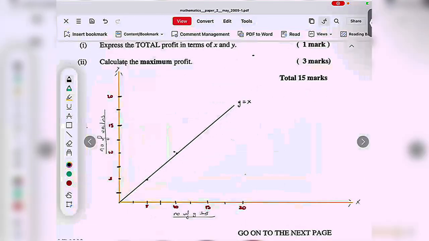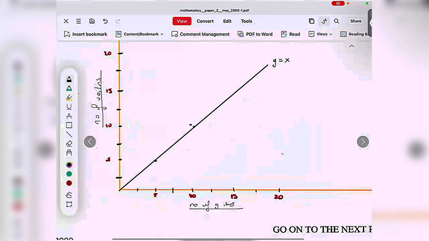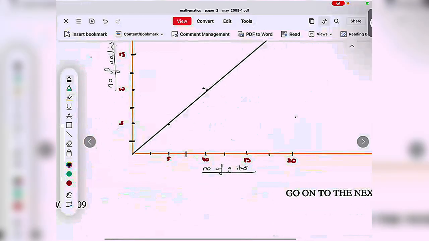Where would that line be? What would I have to do to find the line y equals 5? Start from 5 on which axis? The y-axis. It says y equals 5.